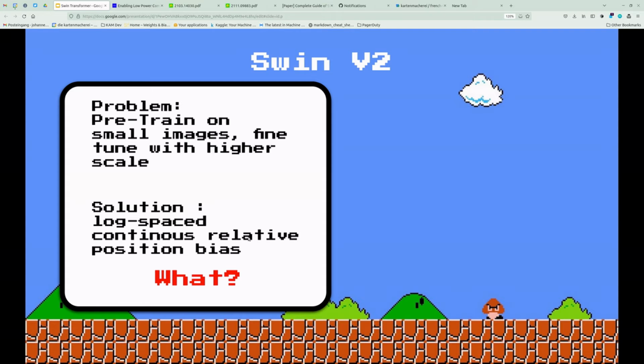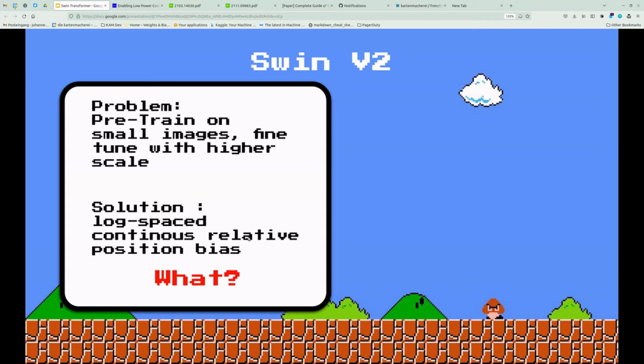They said that is possible with Swin already, but the quality decreases. The bigger the images you use for fine-tuning, the bigger the decrease in accuracy, especially in image classification. They showed that.